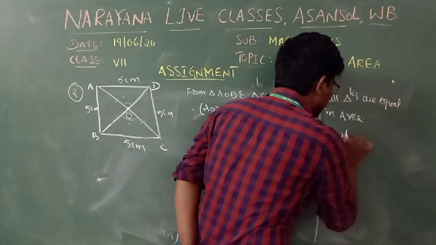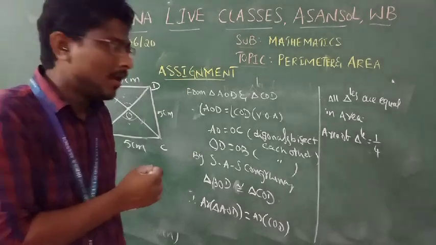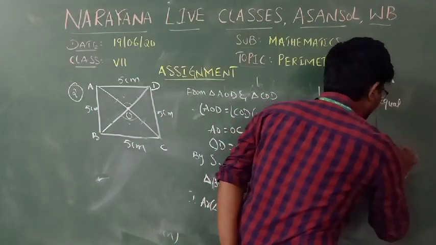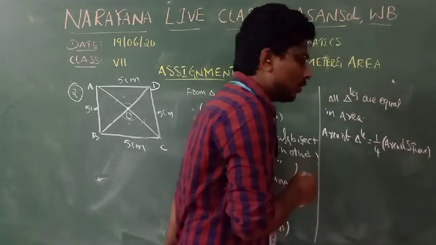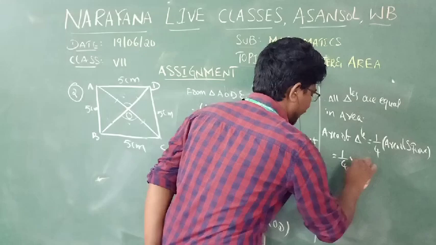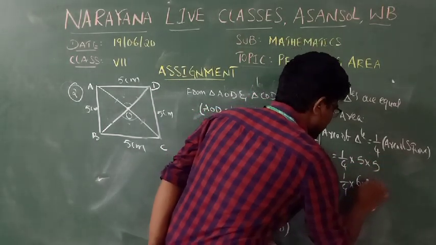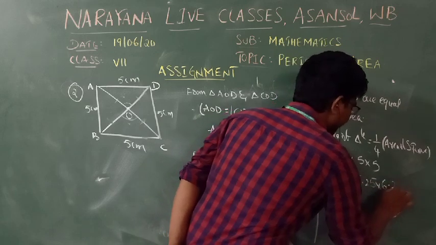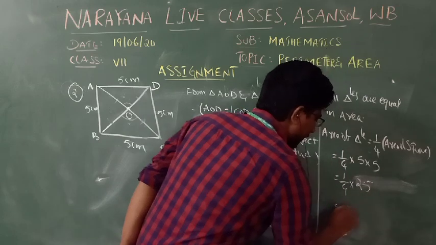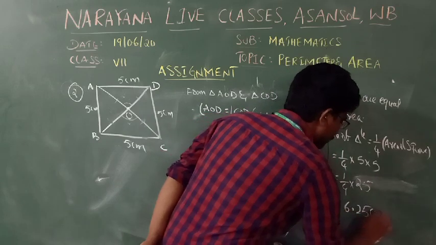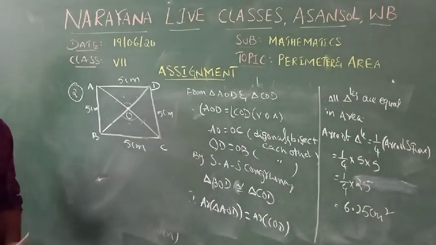Area of triangle is 1 by 4 into area of square, as there are four parts. Area of square is side into side. 1 by 4 into 5 into 5, 25 by 4 is 6.25 centimeter square, which is the area of the triangle.